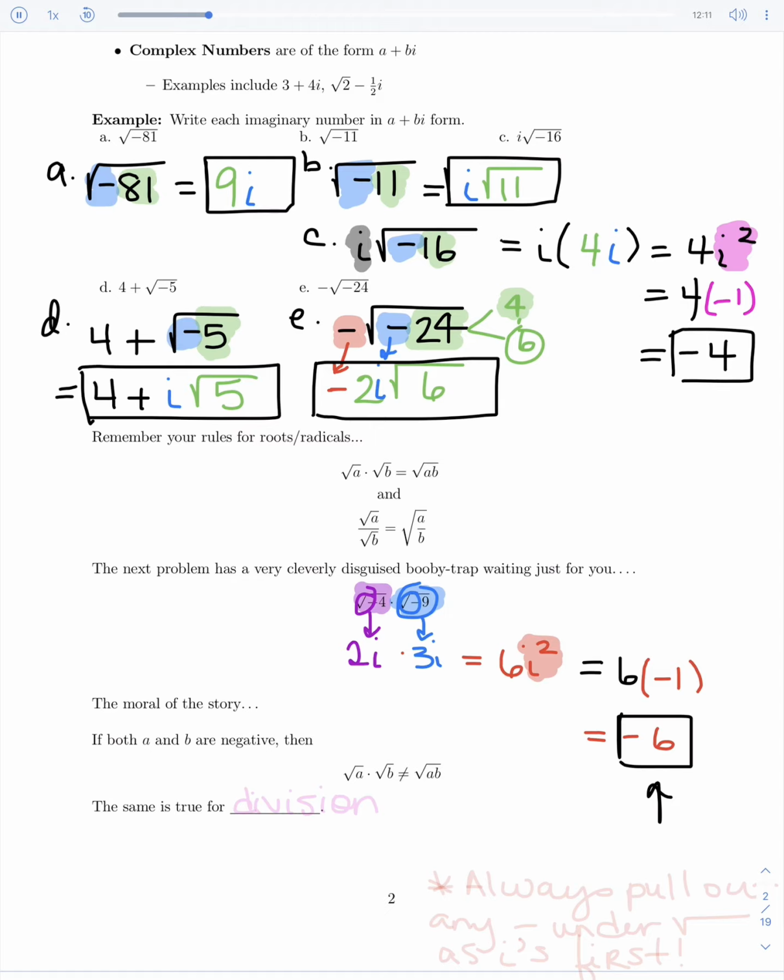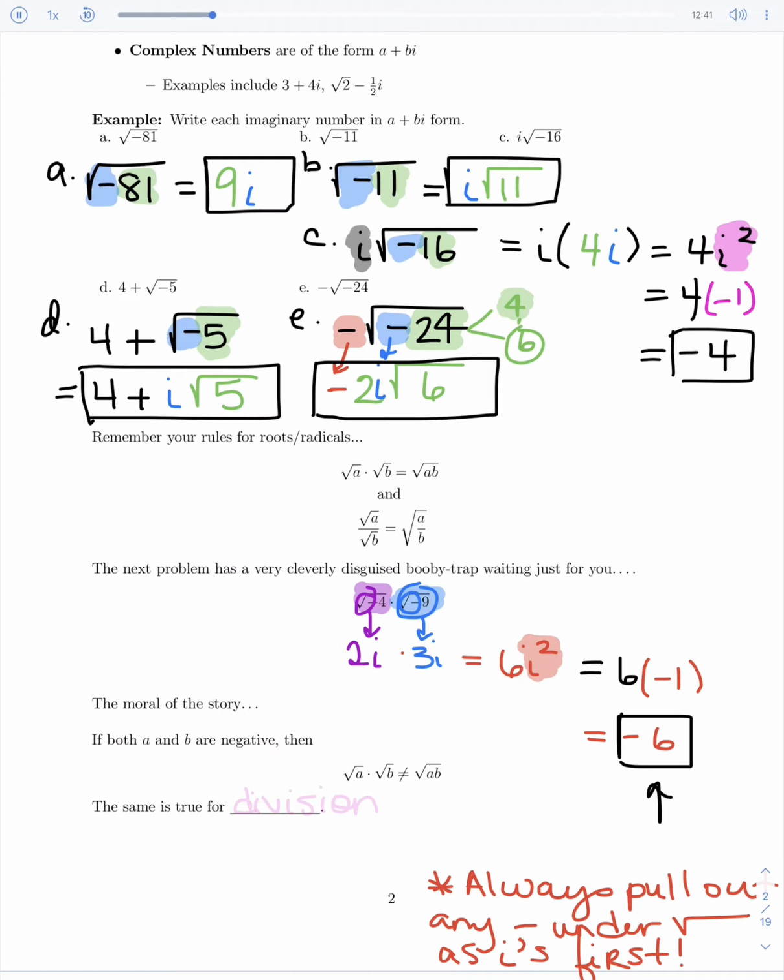So it is set up to look kind of like a booby trap, because we need to pull out any i's first. That should be the lesson of this: always pull out any negatives under the square roots as i's first before you do anything.